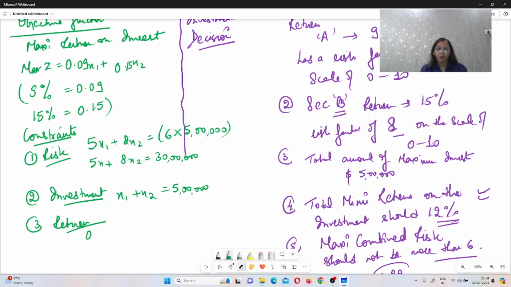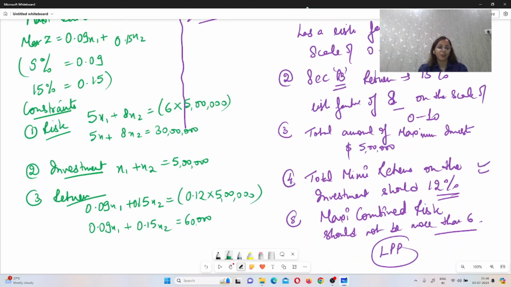So 0.09x1 plus 15%, the second one, 0.15x2, should be equal to 12%, that is 0.12 into 5 lakh. So 0.09x1 plus 0.15x2 is equal to 0.12 multiplied by 5 lakh, that will be 60,000.